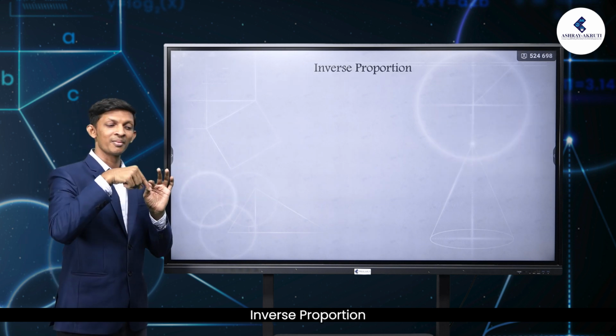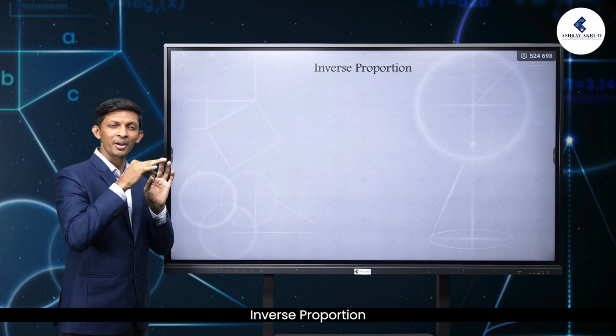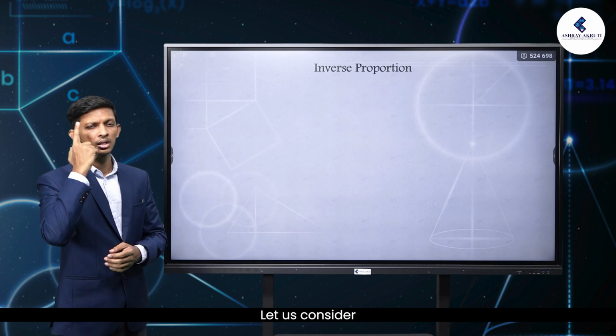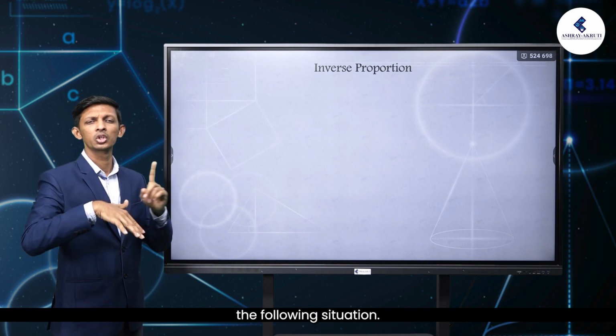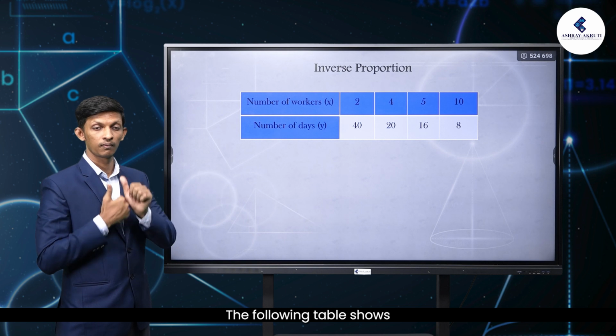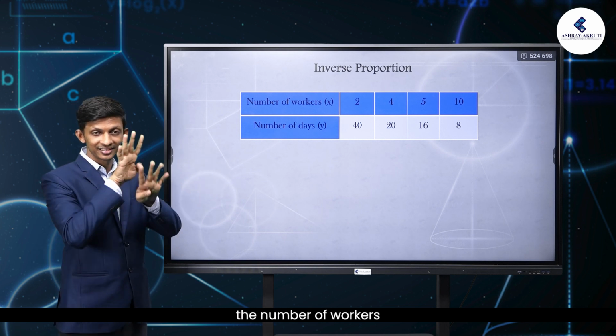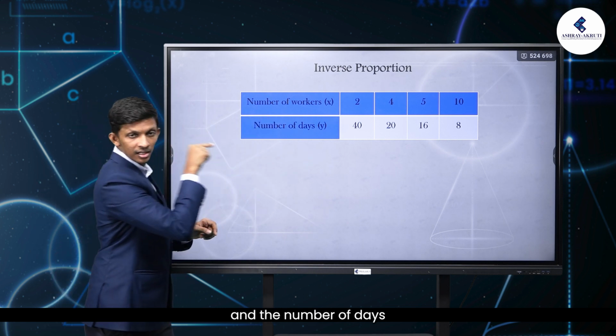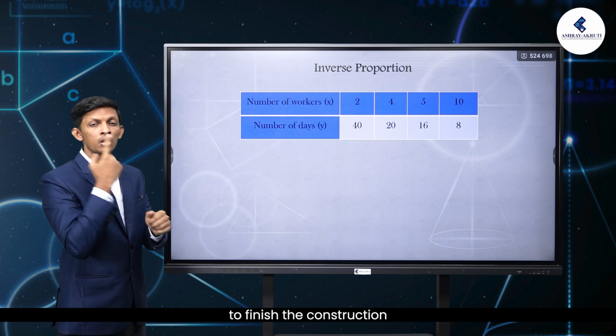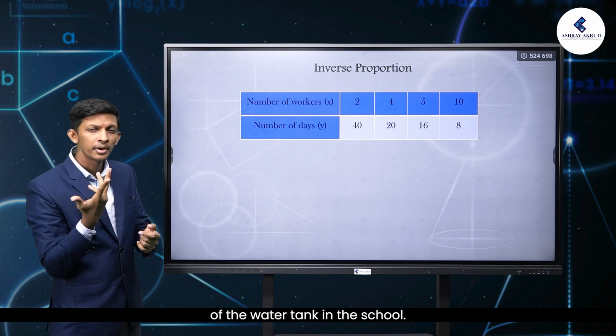Inverse proportion. Let us consider the following situation. The following table shows the number of workers and the number of days to finish the construction of the water tank in the school.